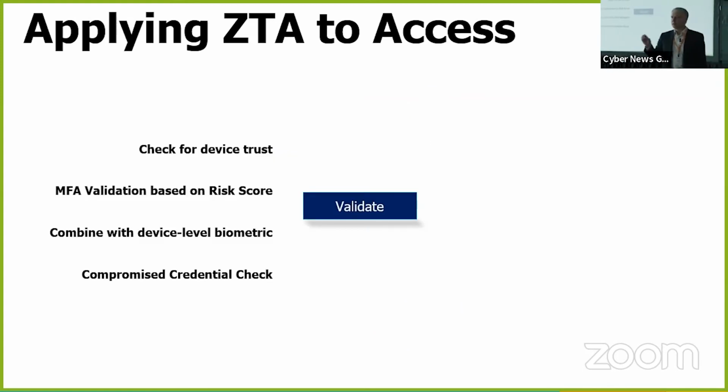Now, there are other things you can do to validate the access attempt as well, right? So you can check, for example, for device trust, and that's usually the presence of a certificate on the device. So you know it's a managed device and you can have a high level of assurance with that. I mentioned you can validate MFA based on the risk score, and you can also choose which type of MFA you're going to accept.